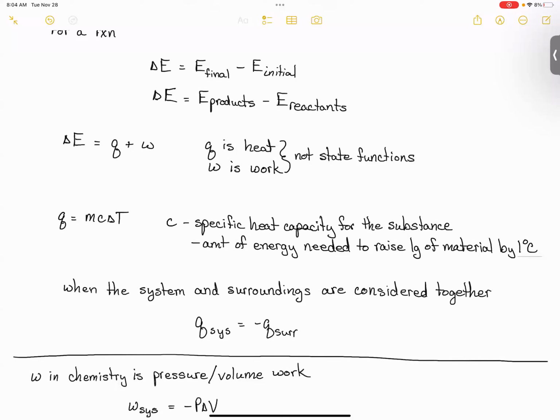And then when we think of the energy diagram that I showed you at the beginning, again, system and surroundings, in order to follow the law of conservation of energy, you must always think in terms of system and surroundings. So when we think of heat, the heat of the system is going to equal the heat of the surroundings. The value will be the same. The only difference will be the sign.